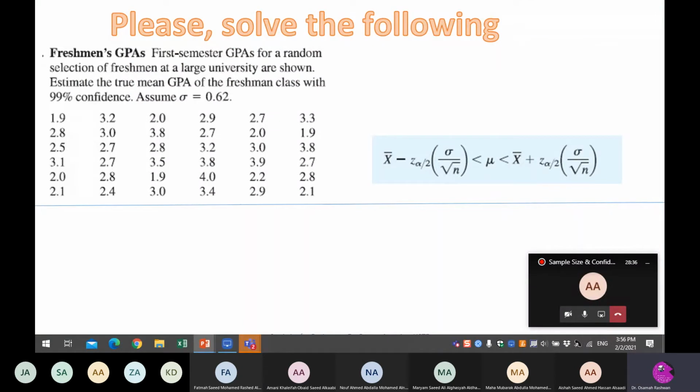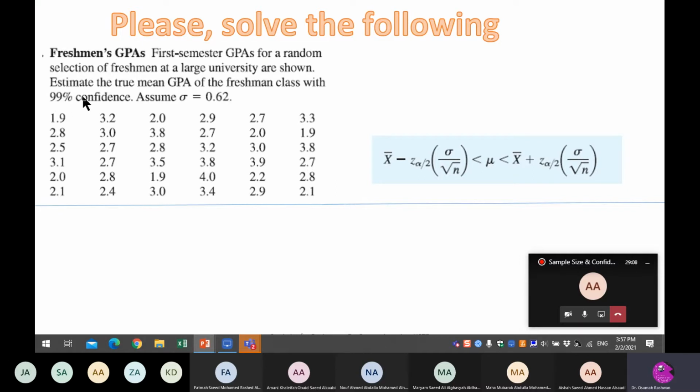Okay, sorry. This is a question. You are given data here, right? He gave you the standard deviation of the population. And he gave you 99% confidence. So it means alpha will equal what? 100 minus 99.